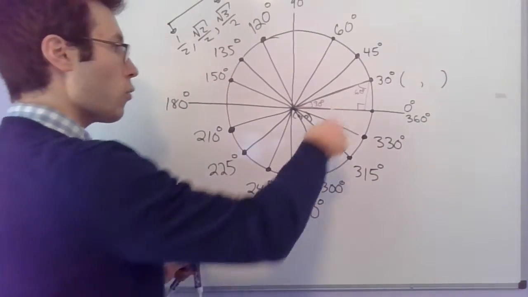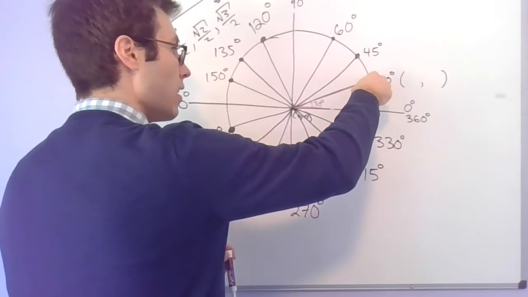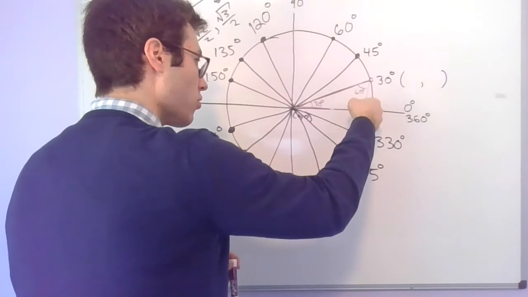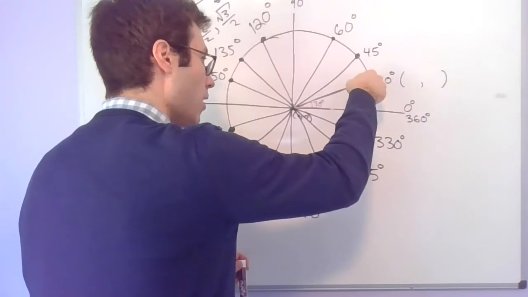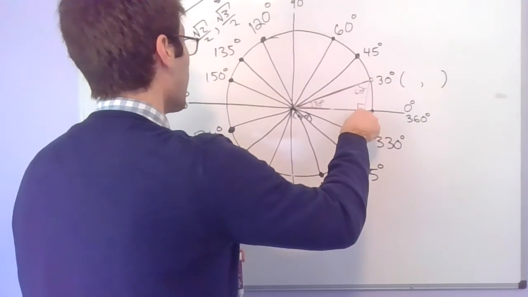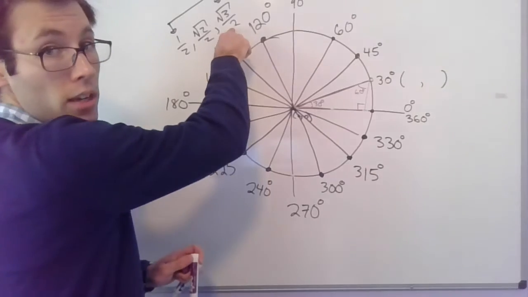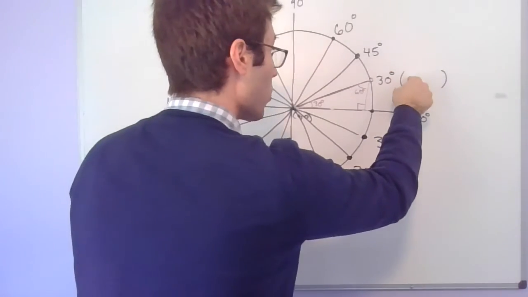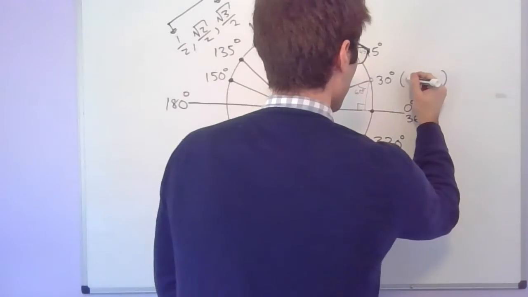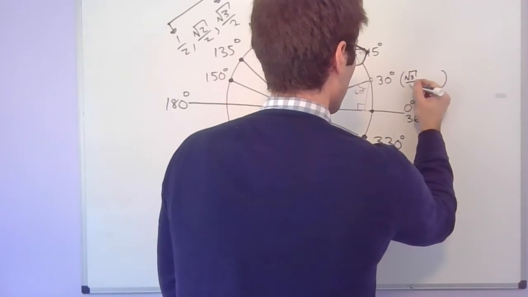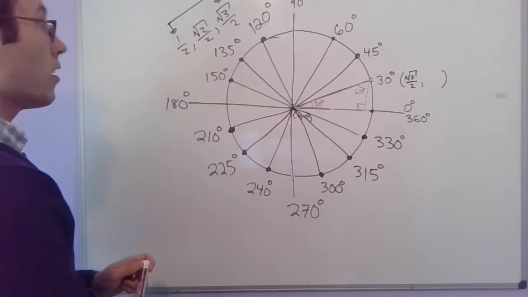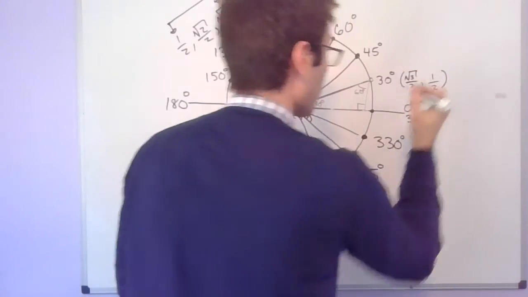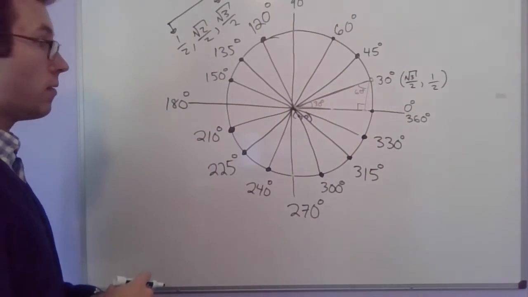Well, you see right away that my x coordinate is the longer side. So that side right here in the x direction, if I was going to project this down, this is going to be the longer side. And this right here is also going to be the biggest number. So by default, you know that your x coordinate is going to be square root 3 over 2. And as I was saying earlier, these numbers come in pairs. So this one automatically is 1/2 right there.